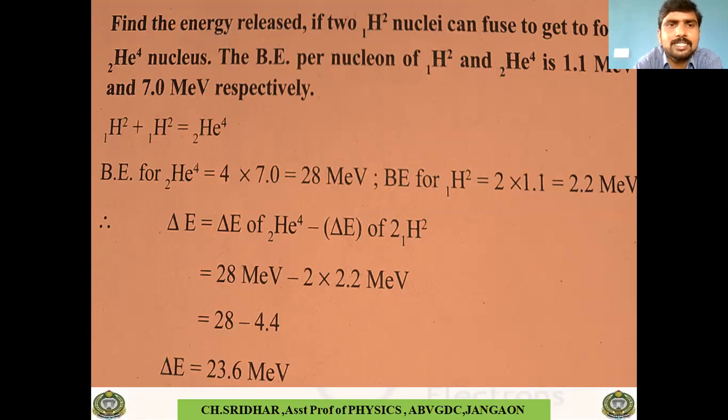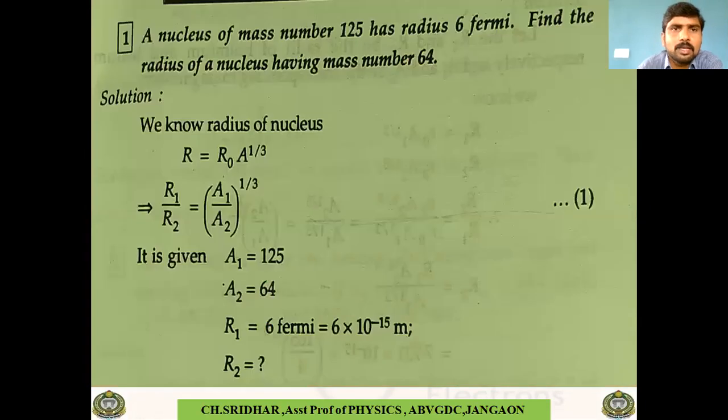This is the energy released when two hydrogen nuclei fuse to form a helium nucleus. We already discussed this in the case of nuclear fission.